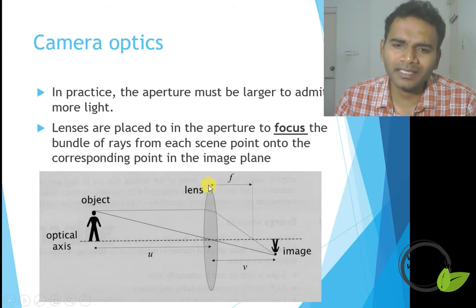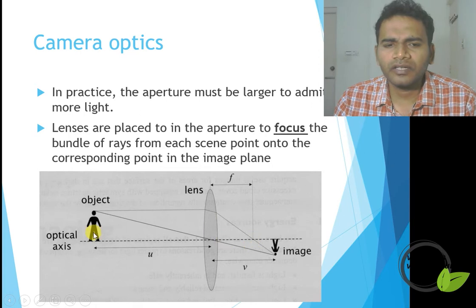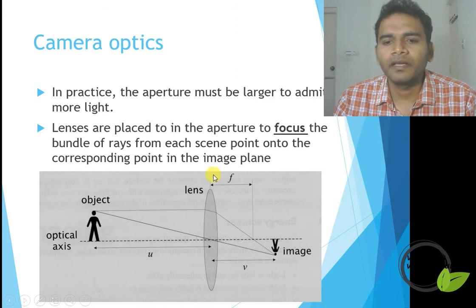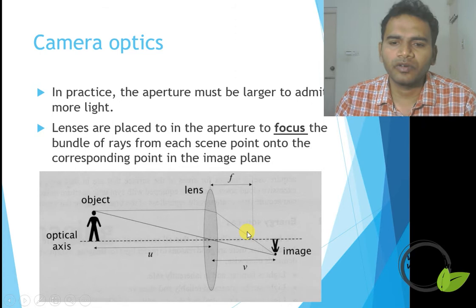So focus is nothing but the distance between the converging radiation of your object and the lens vertical axis, which will converge at a point. That point is always termed as the focus.